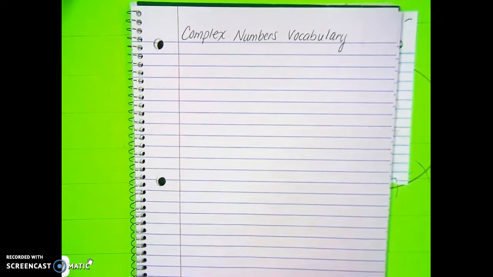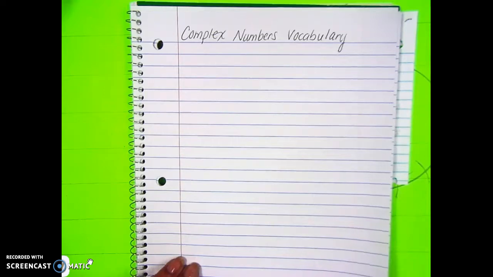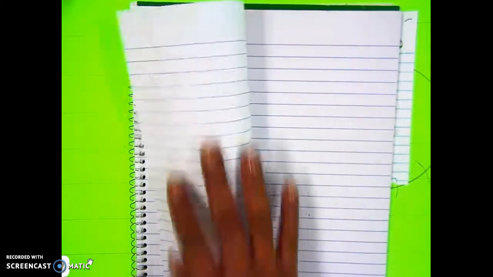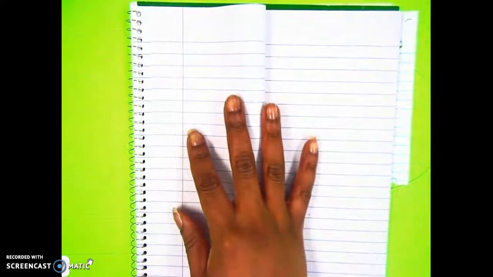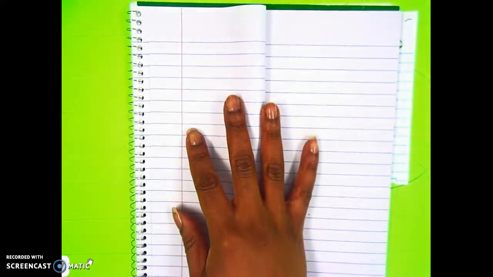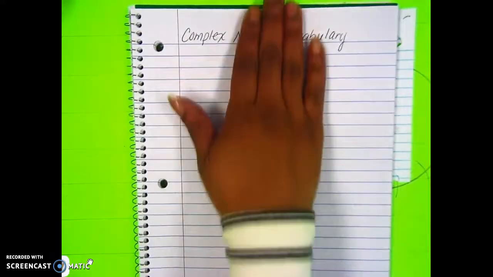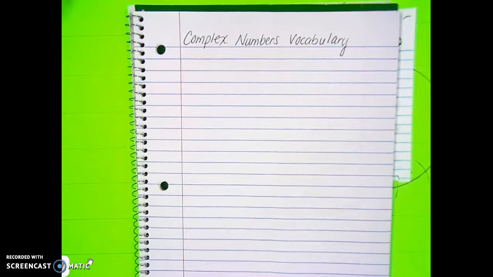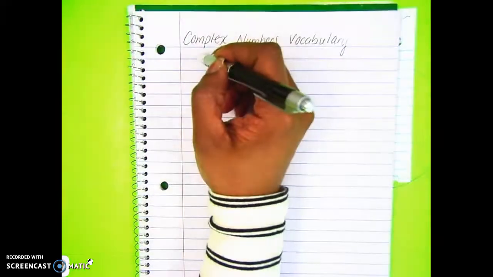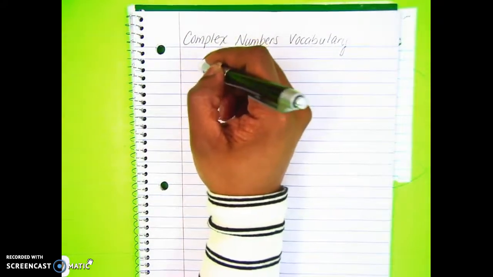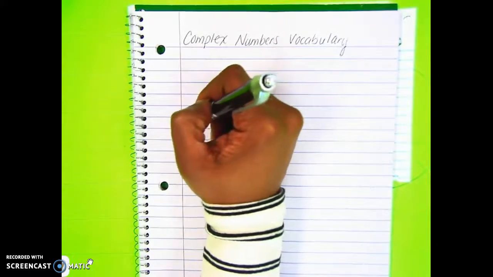Alright, so to do this vocabulary, the first set of words, we're going to make a big table. I took my paper and folded it hot dog style so I can make sure I got right in the middle of the page. Then I'm going to skip about 8 spaces: 1, 2, 3, 4, 5, 6, 7, 8.